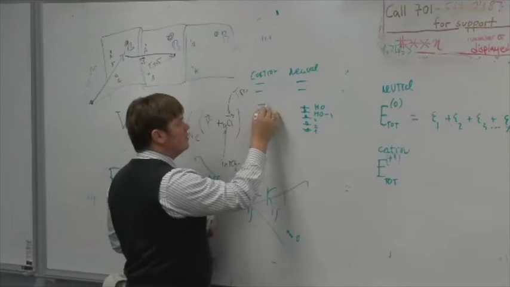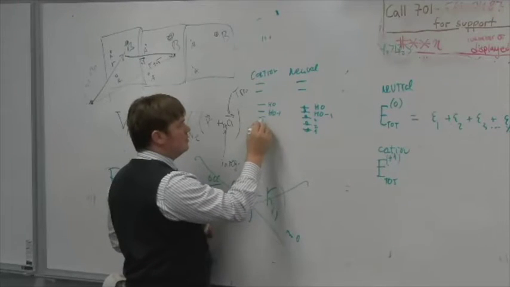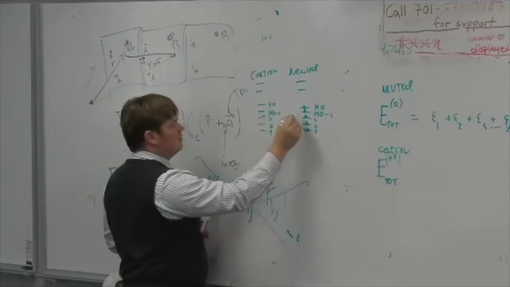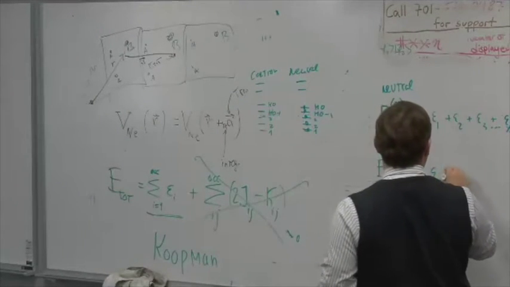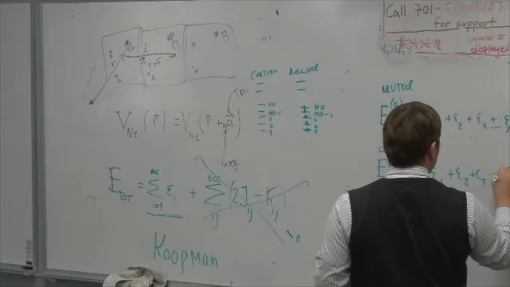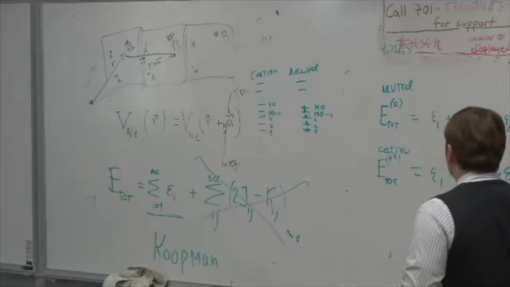So we have nothing on HOMO, and we have electrons on HOMO minus one, first, second, third, and anything in between: E1, E2, E3, E HOMO minus one.